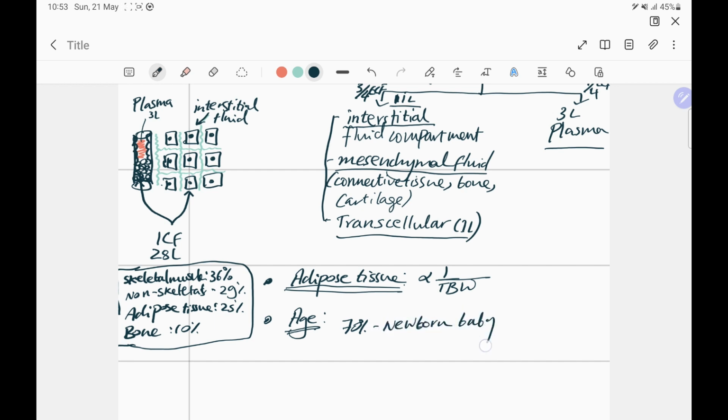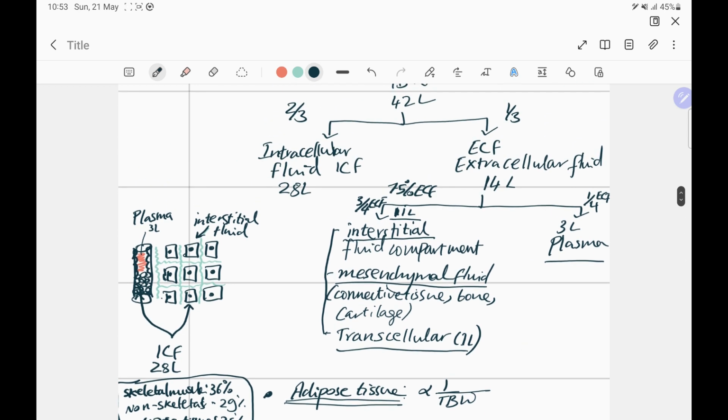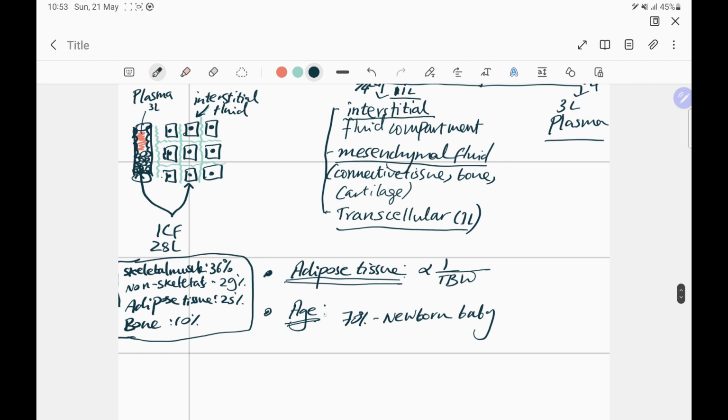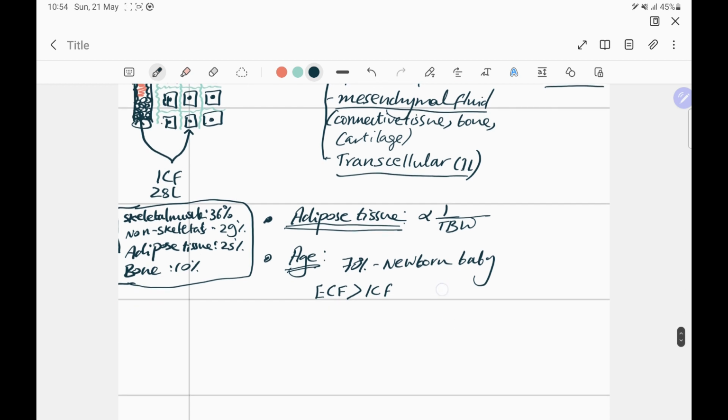And the ratios that you saw over here, 2/3, 1/3 between ICF versus ECF, it doesn't apply. When you are born, your ECF is actually more than your ICF, and not the other way around with the 2/3, 1/3 ratio. And as time progresses, by 3 months, the ECF equals the ICF.